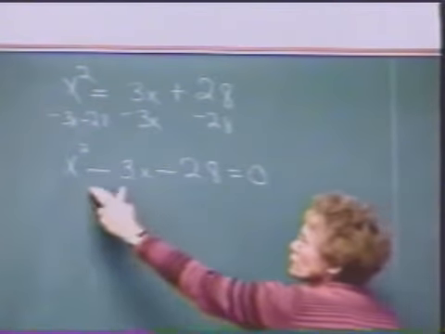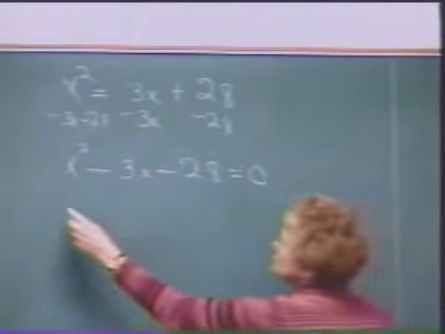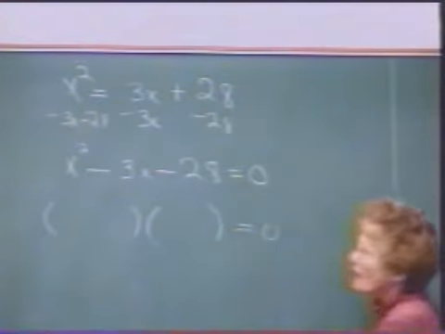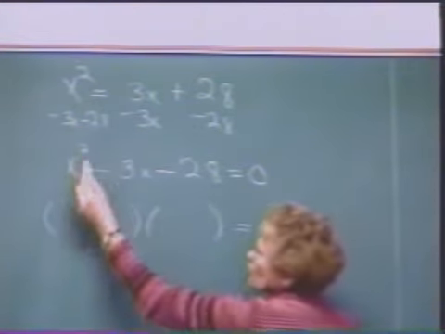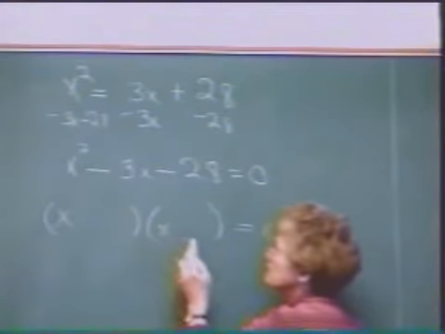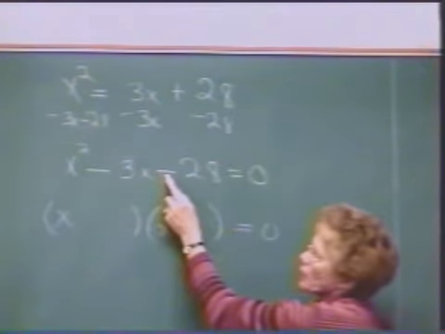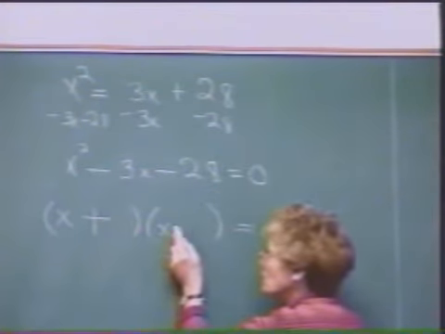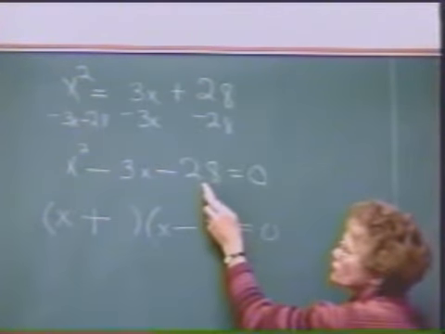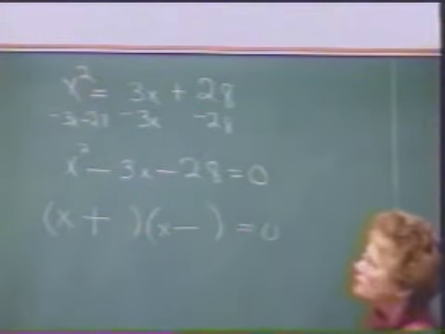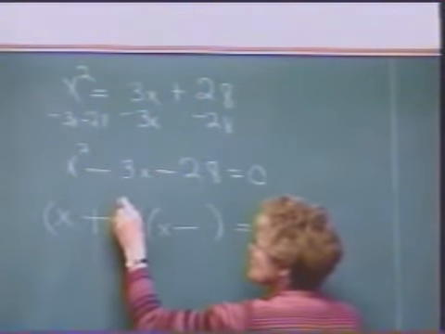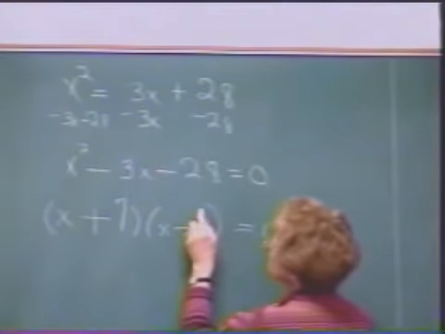But in this one, do you think we can factor? 28 is pretty small, so let's see if we can come up with some factors. Okay, we know for x squared, it's got to be x and x. If it's a negative, that tells us what? Signs are different, so I'm going to put 1 plus and 1 minus. And what factors of 28 would give us that 3 in the middle? Plus 7, minus 4.